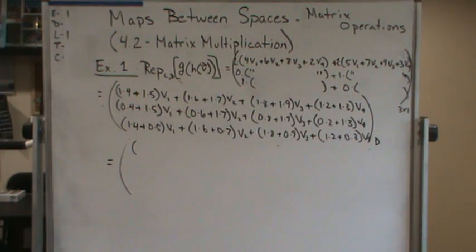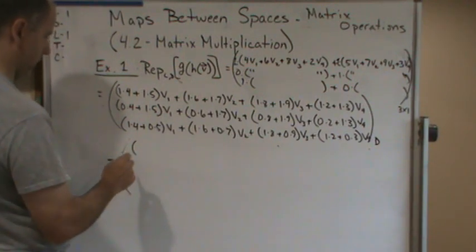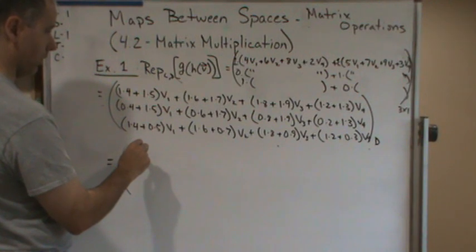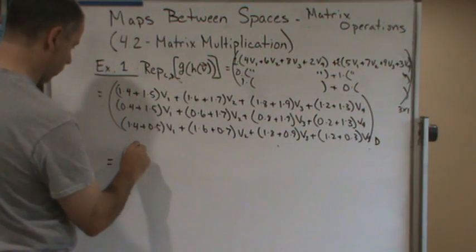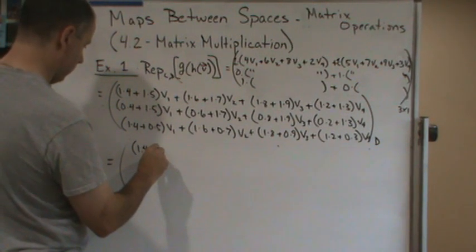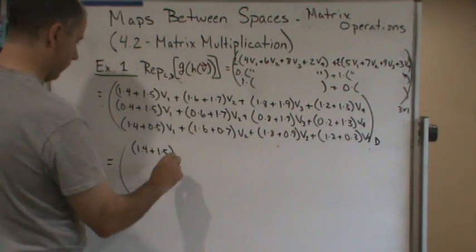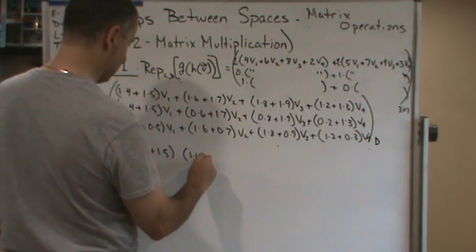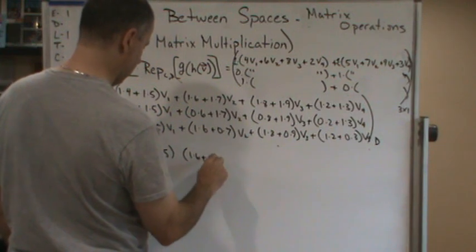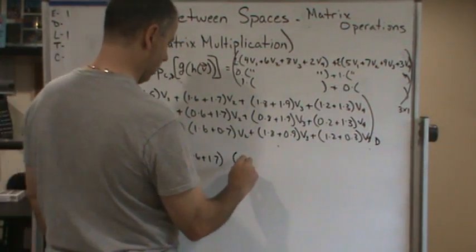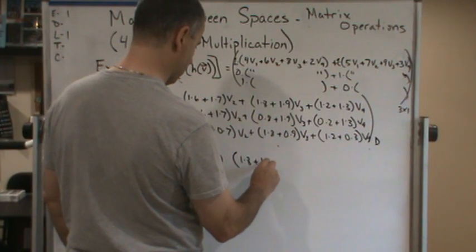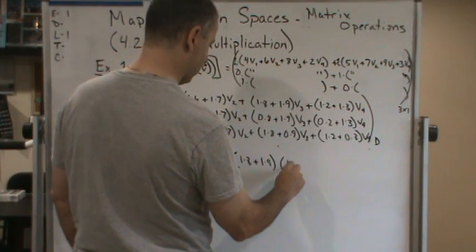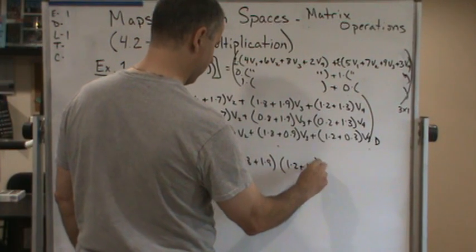Let me see here. It's going to be 1 times 4 plus 1 times 5, 1 times 6 plus 1 times 7, and then 1 times 8 plus 1 times 9, and then it's going to be 1 times 2 plus 1 times 3.